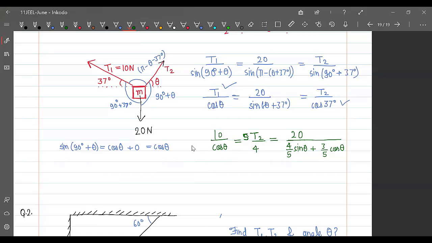So for first relation, I can write T2 in terms of cos theta. That will give me 8 by cos theta.